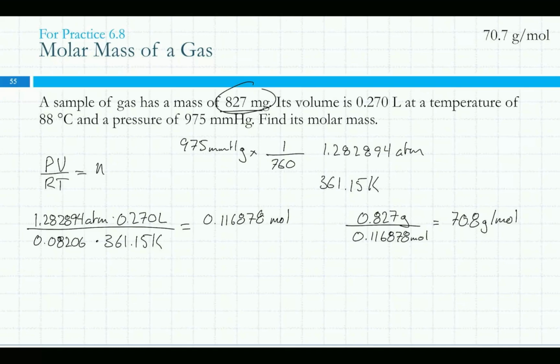Any guesses as to what the identity of the liquid is? It's not one that you would want to be doing this in a Gen Chem lab. Huh? Oh, I guess it could be radium. Maybe, although radium is a solid.